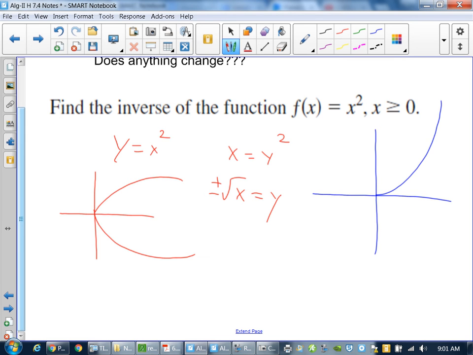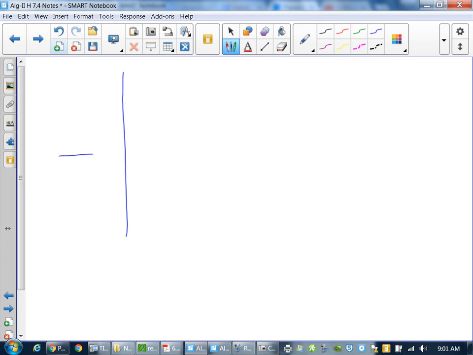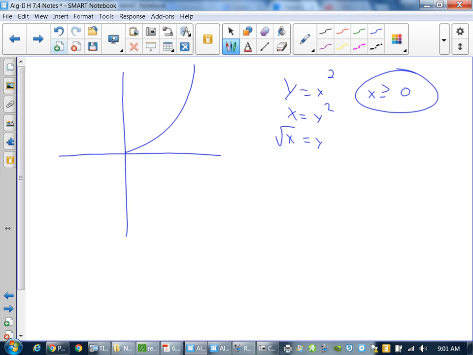You take your x squared equation, y equals x squared for x greater than or equal to 0. Do the inverse of that, you get x equals y squared, which means the square root of x is y, because I'm working with that domain.